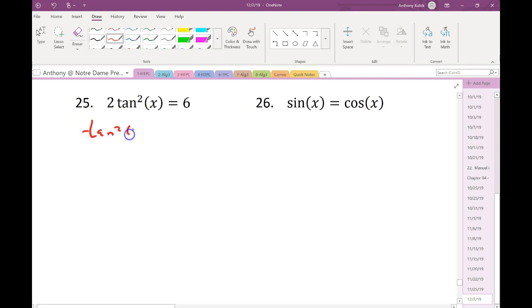Then what? Yup. When you take the square root of both sides, what do you have to remember? Plus or minus. So we're going to break that up into 2 separate equations.